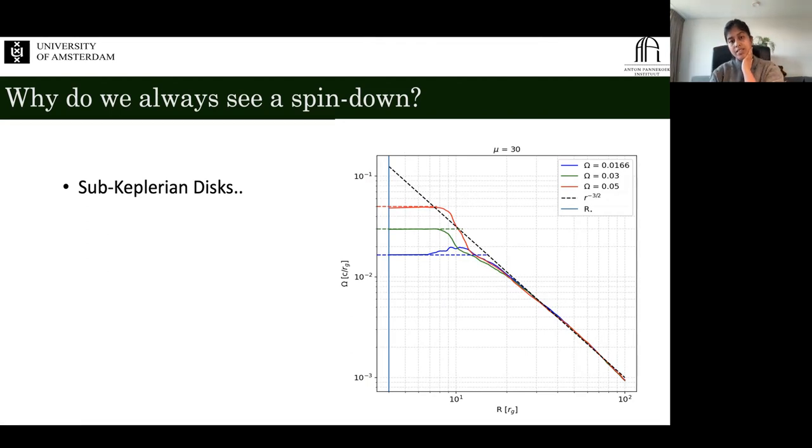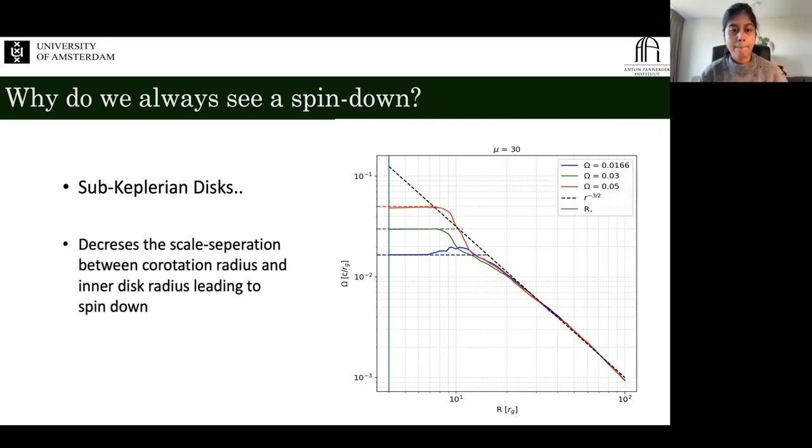So what it does is, due to the sub-Keplerian disk, you basically move the corotation radius closer towards the stellar surface. And then you're basically in a spin-down regime, as you'd expect from a theoretical point of view.